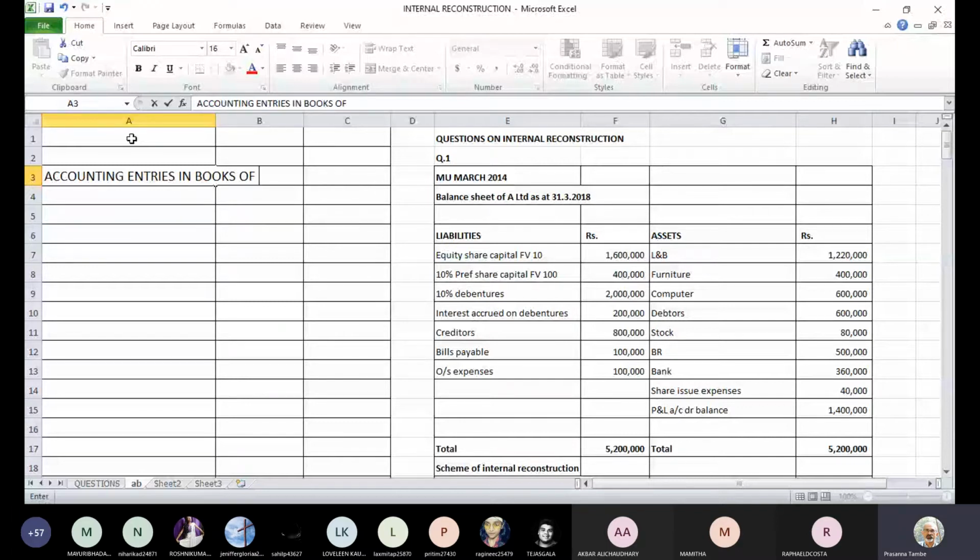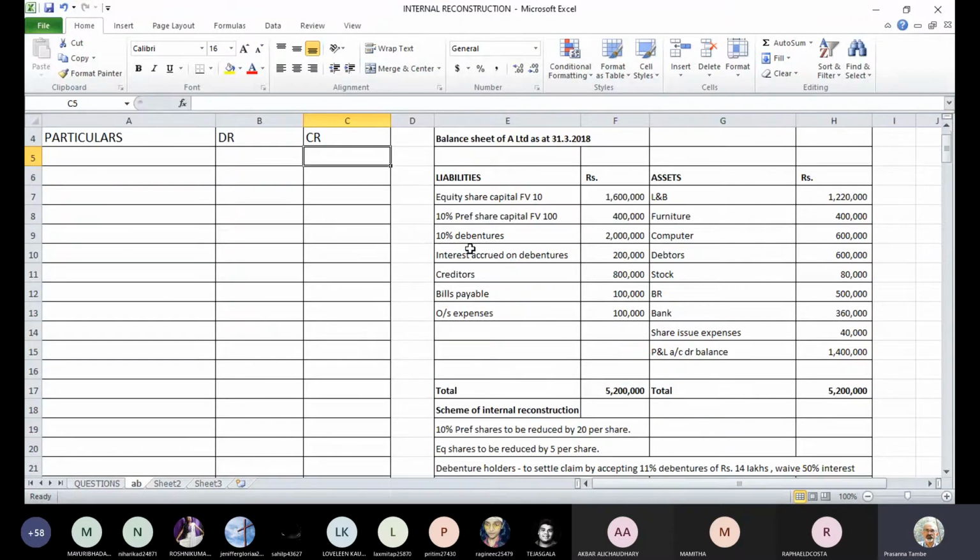Accounting entry in books of A Limited. Can you make the columns and we can start? Yes, sir. Okay.